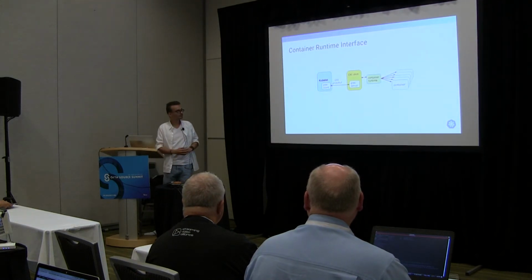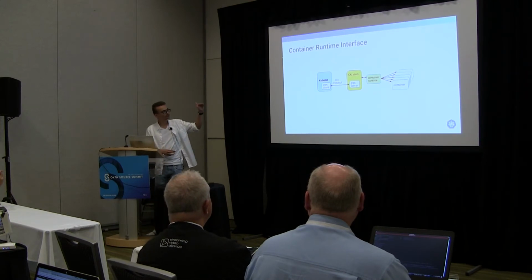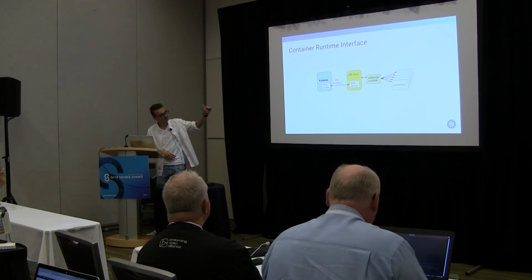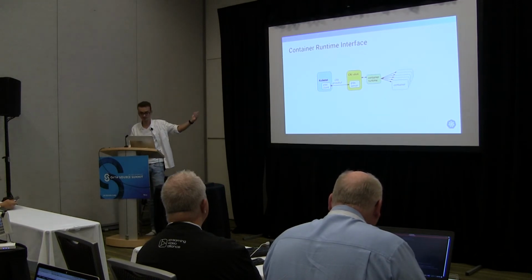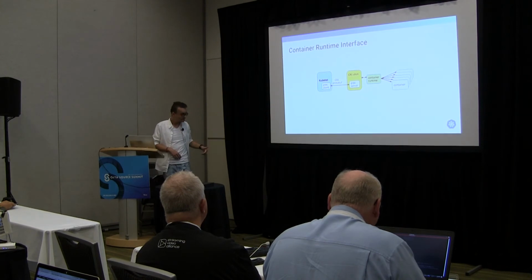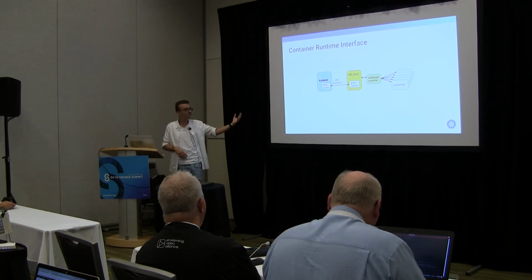Here on this diagram, you can see the process of interacting between kubelet, the CRI, the container runtime interface, and containers themselves. So we have kubelet, we have the CRI protobuf and CRI shim that are parts of the container runtime interface.